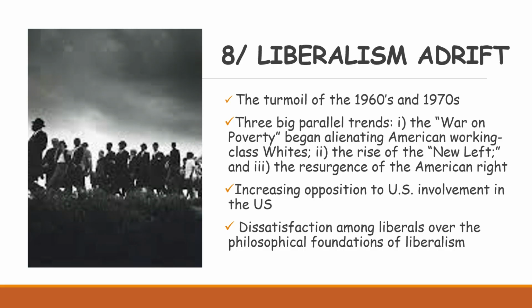And then you had the resurgence of the American right. You also had increasing opposition to U.S. involvement in the Vietnam War. And you had widespread dissatisfaction among liberals over the philosophical foundations of liberalism.